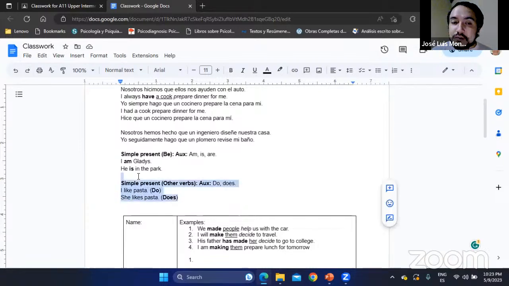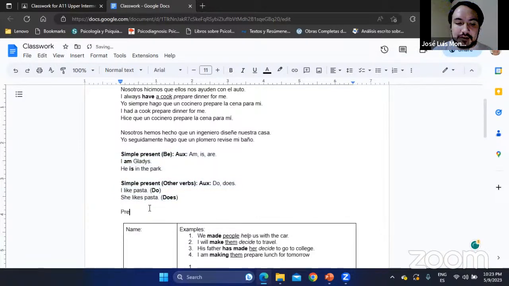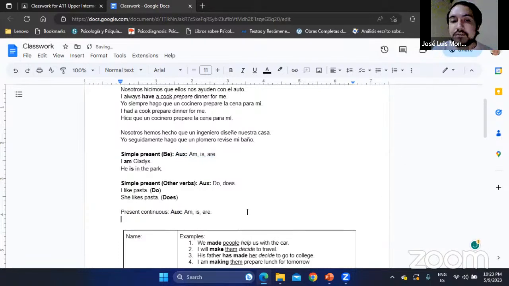Now, we have something similar, actually one more that is a little bit different: the present continuous. This one has the same auxiliaries as here. These ones are the auxiliaries. Why? Because in the present continuous, you see the verb to be, so you have to use that one.